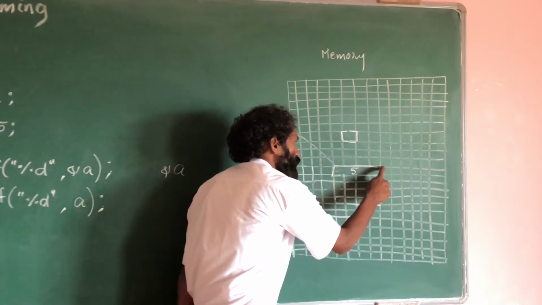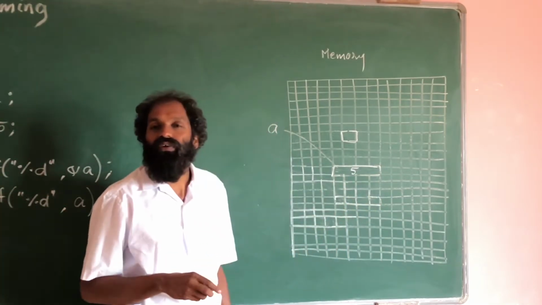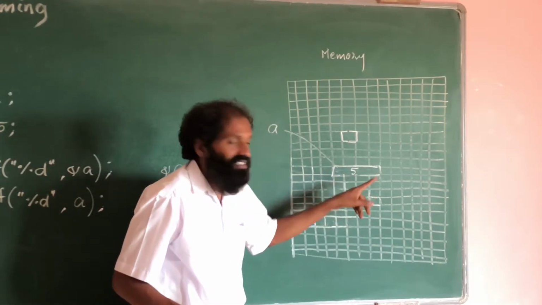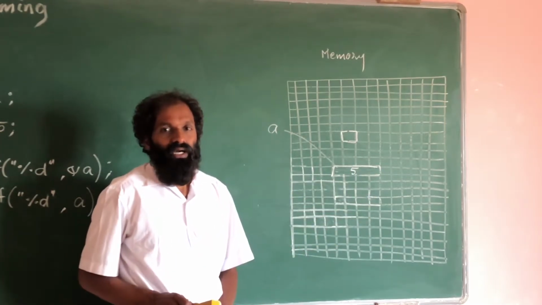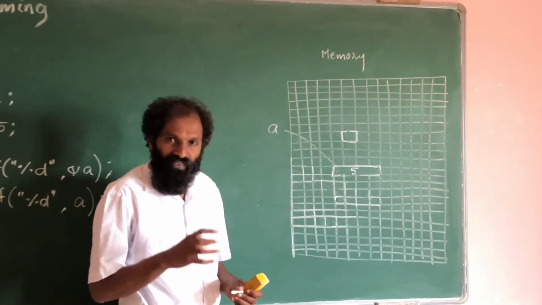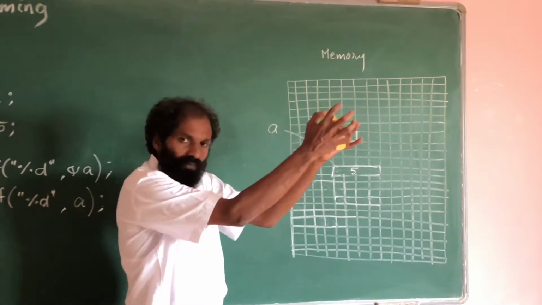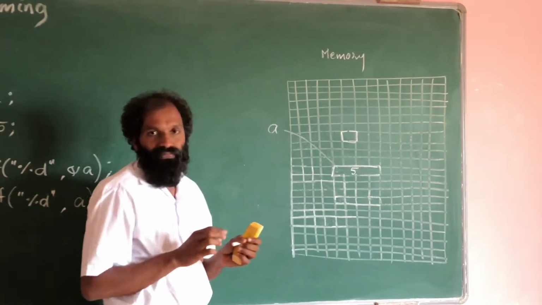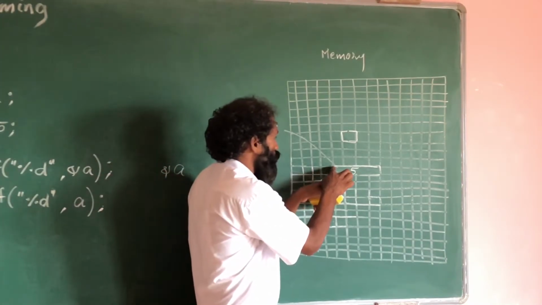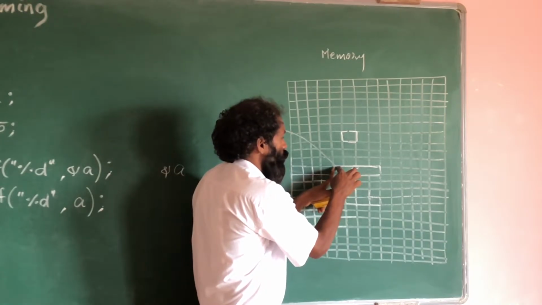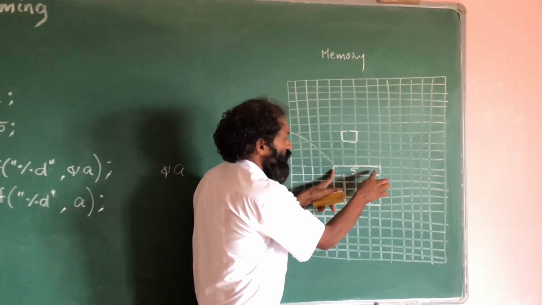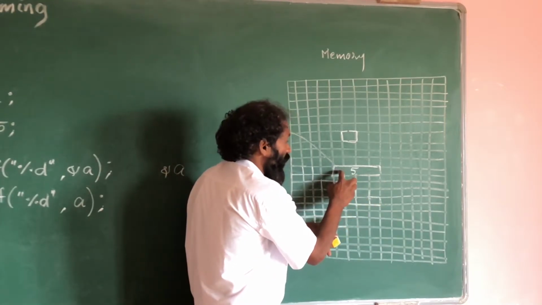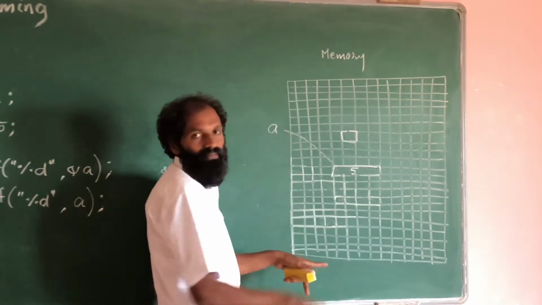So these 4 bytes that we have reserved each have a separate address. But when we reserve 4 bytes of memory, the first byte's address is the address of A. If this is something like 2000, then 2000, 2001, 2002, 2003, if we assume. So the first box's address is the address of A.